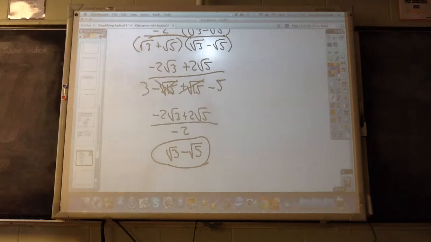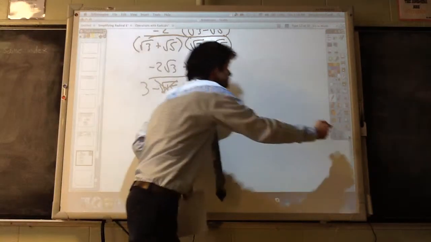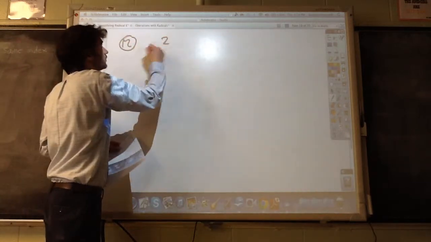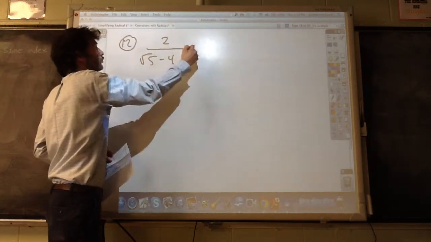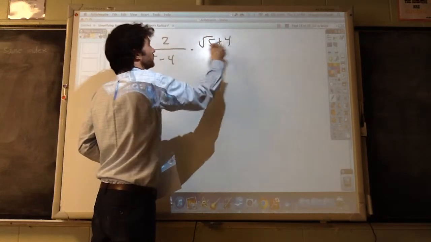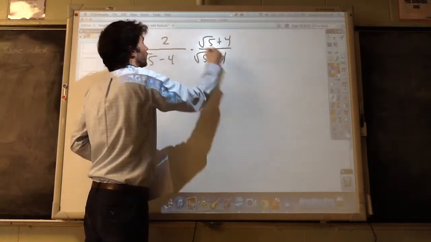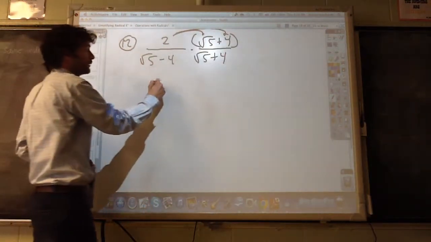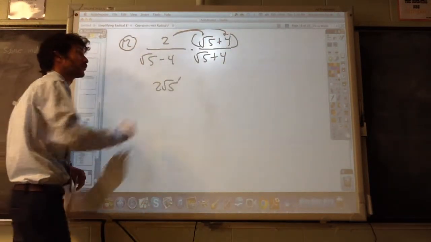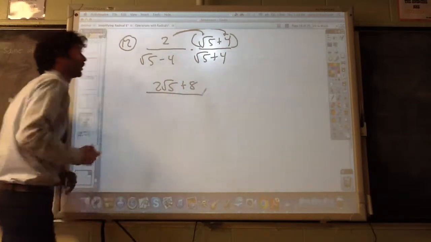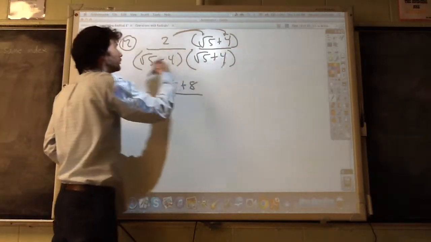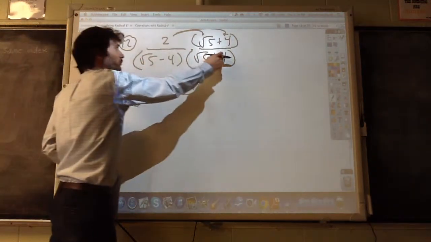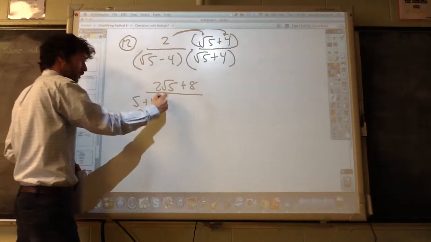All right, 12. Actually, it's 25, but that's where it is. So, multiply by the conjugate. On the top, you distribute. 2 times the square root of 5 is 2 times the square root of 5. 2 times 4, 8. On the bottom, you FOIL. Square root of 5 times square root of 5 just equals 5. Square root of 5 times 4 equals 4 square root of 5.